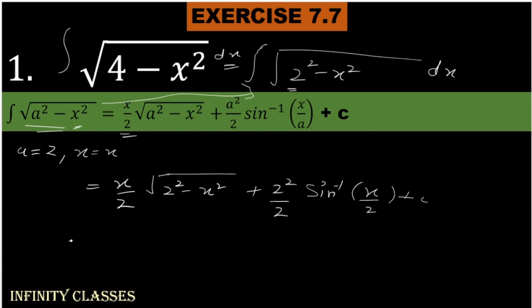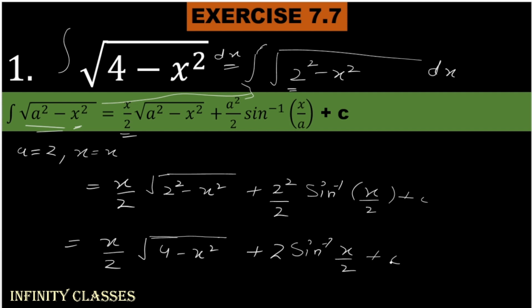After simplification it will be x upon 2 root 4 minus x square. We will cancel, so plus 2 sine inverse x upon 2 plus c. This will be our answer.